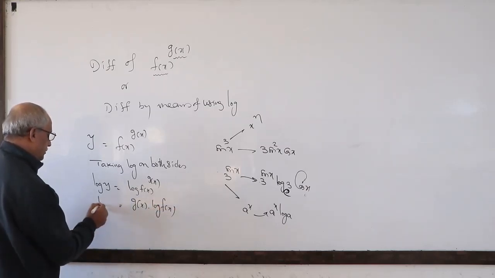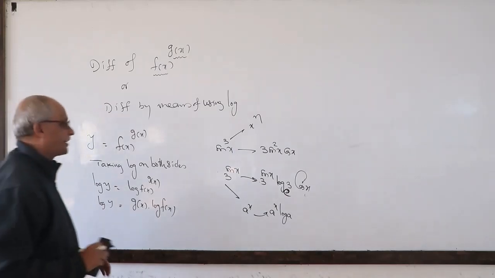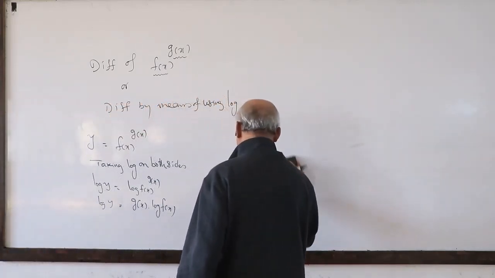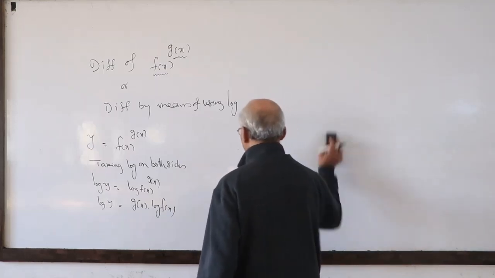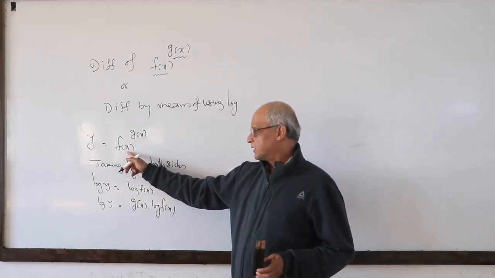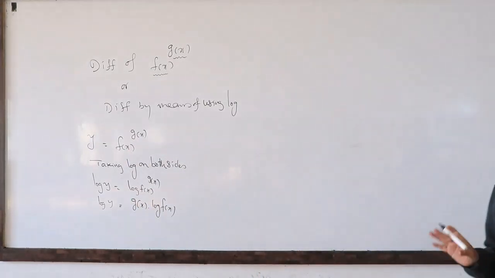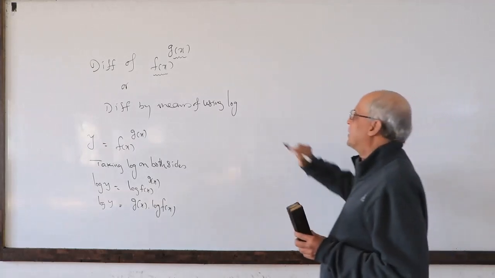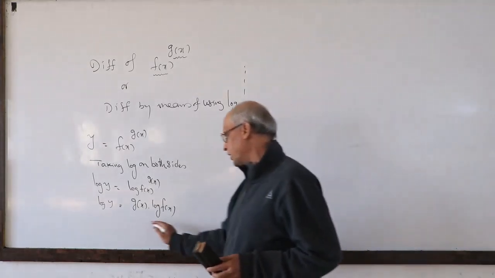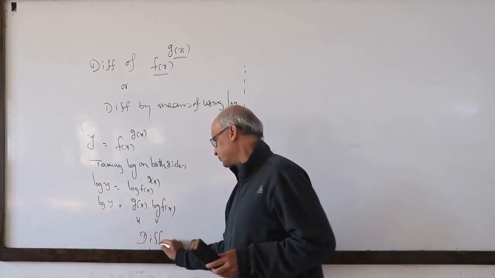Your problem is converted into an ordinary product. Actual problem is function power function, we cannot write the derivative directly. That is converted into ordinary product u into v. Now you can differentiate on both sides.